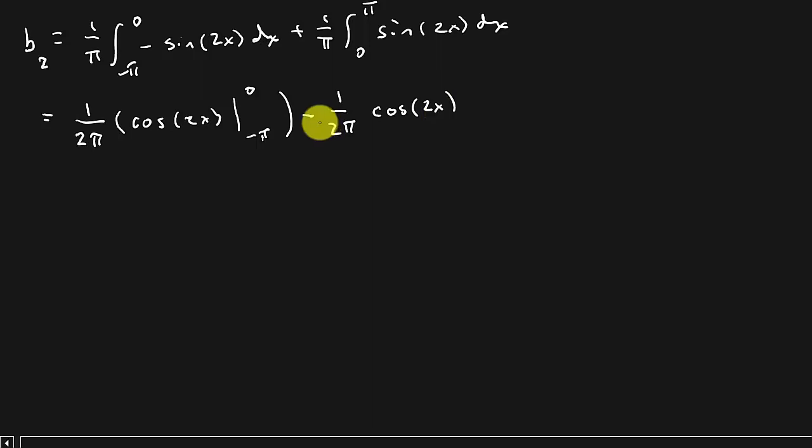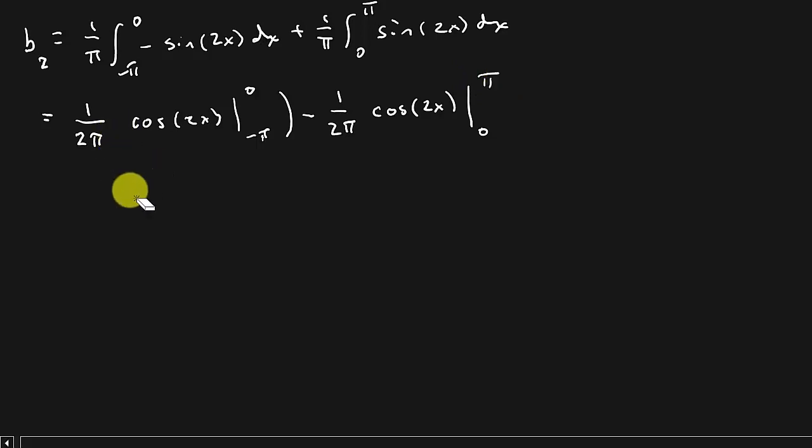The plus and minus make a minus, and we multiply by the 1/2; 1/2 times 1 over pi is 1 over 2 pi. And that is going from 0 to pi.